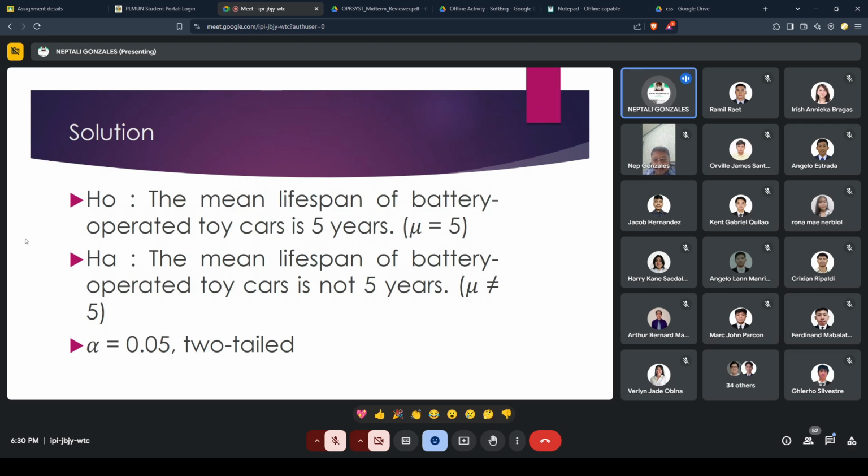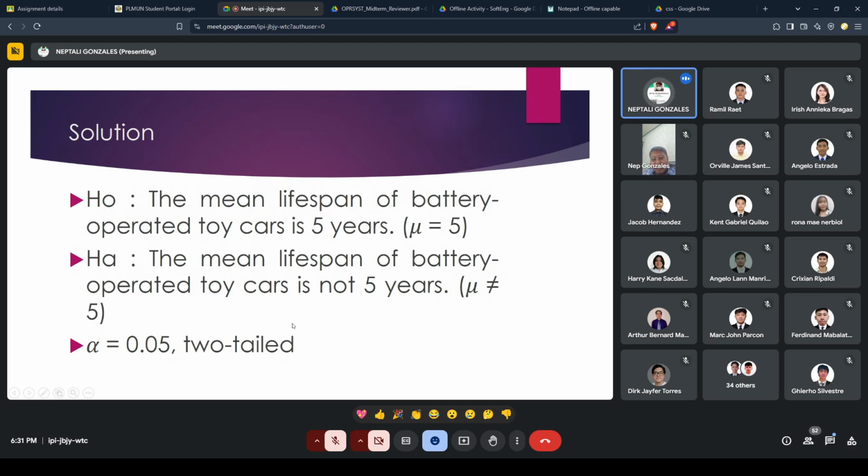Next, it is stated that we will use a level of significance of 0.05. And we want it two-tailed because we do not know yet if it is less than 5 years or if it can last longer than 5 years. So we can test both, left and right, left-tailed or right-tailed.